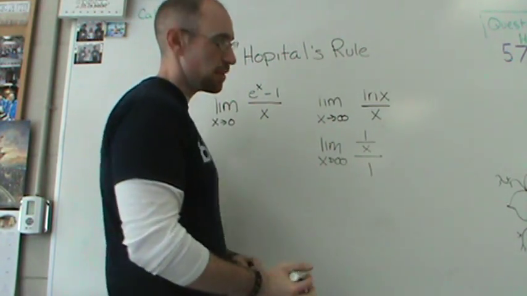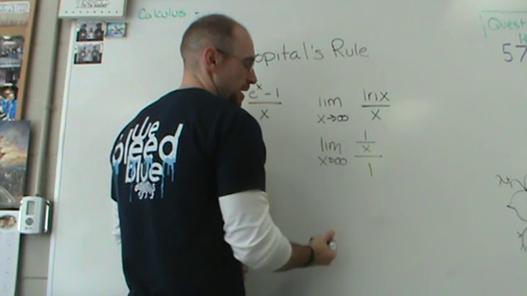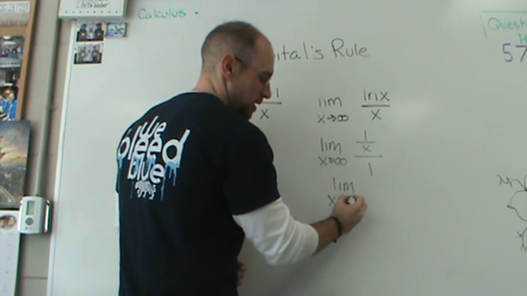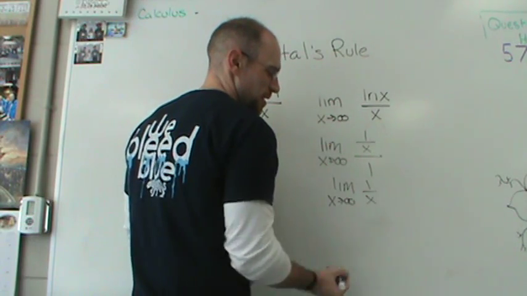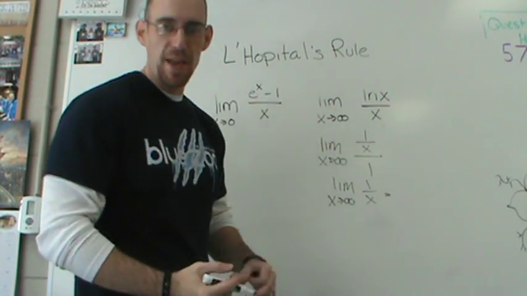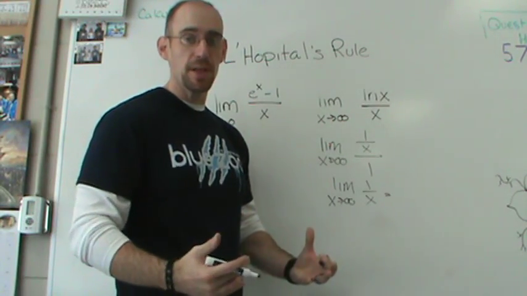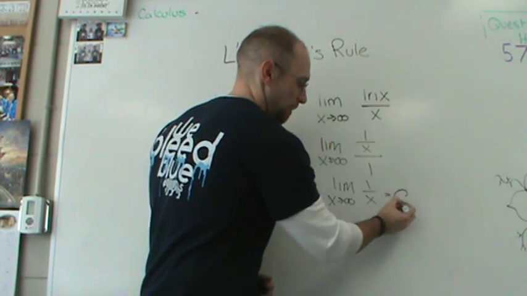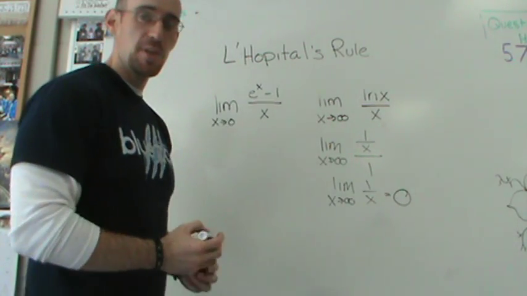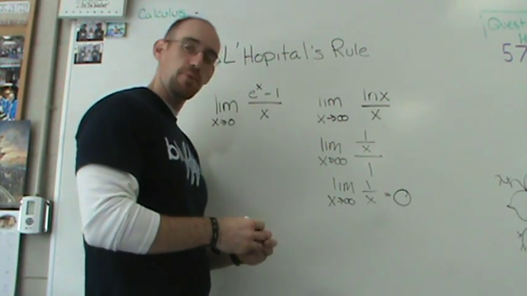And now that we've taken the derivative of the top and the bottom, we're left with the limit as x goes to infinity of 1 over x. Now we can go directly into it. And what do we say when we have 1 over a really, really big number? It approaches 0. Okay? Like I said, these are just two examples of when we have those indeterminate forms.